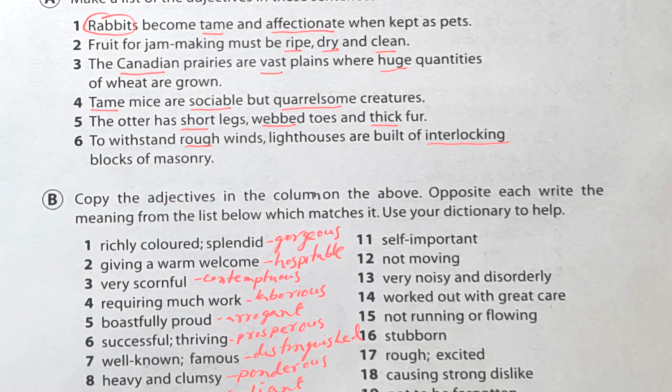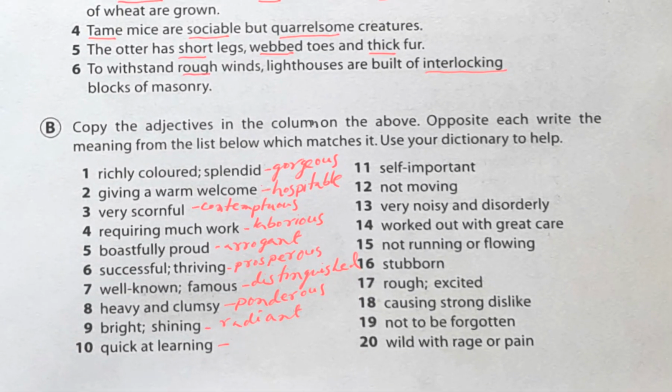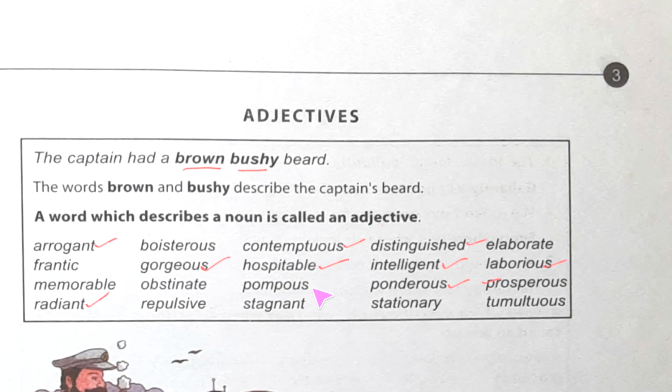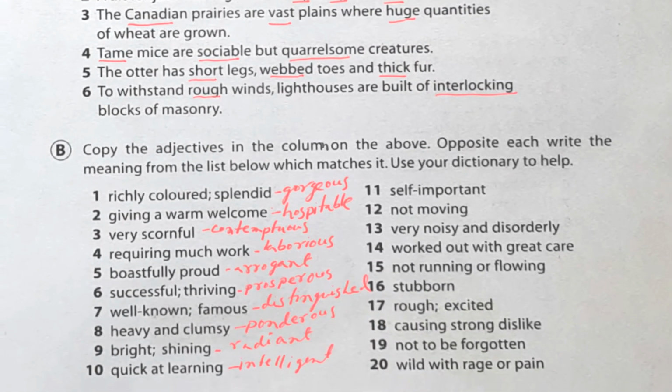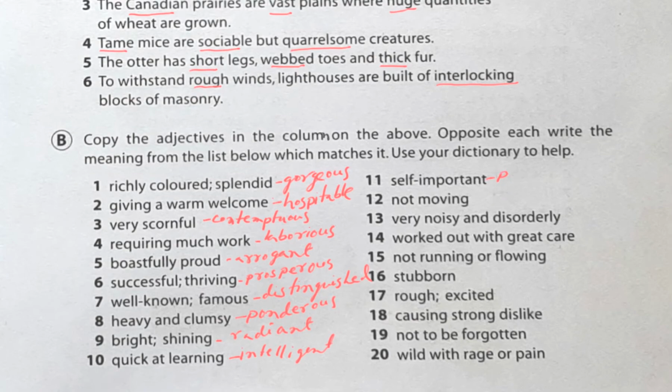So write it here, intelligent. Okay. So next one, number 11, self-important. What will it be? Self-important will be pompous. So we'll write in this place, pompous.